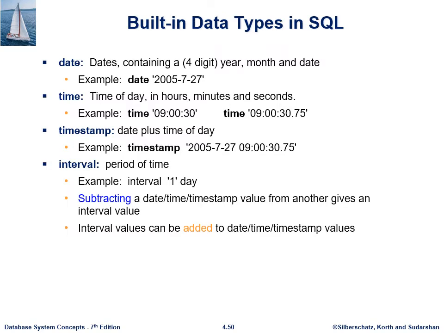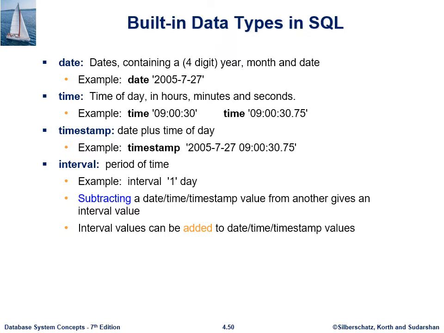So the first set of new built-in data types are date, time, timestamp, and interval. All of them are about a date or a time. The first one is the calendar date. That means we list year, month, and date in this format.